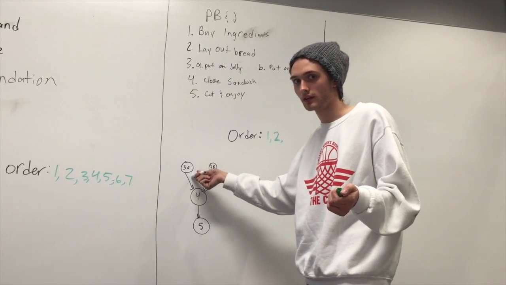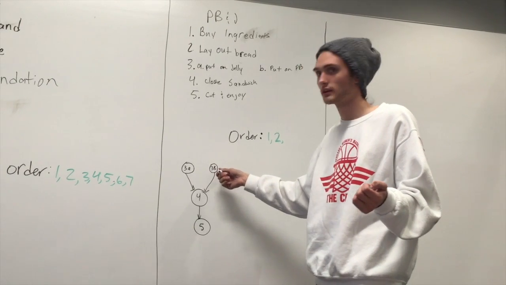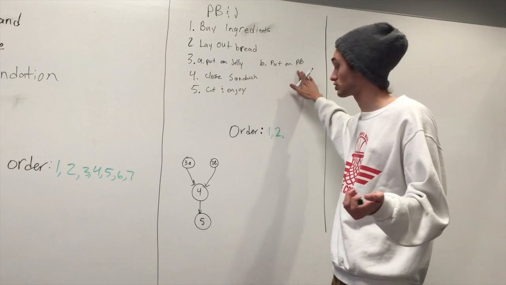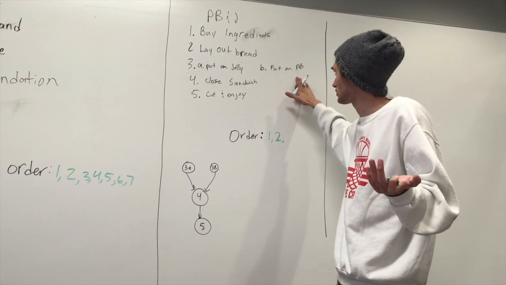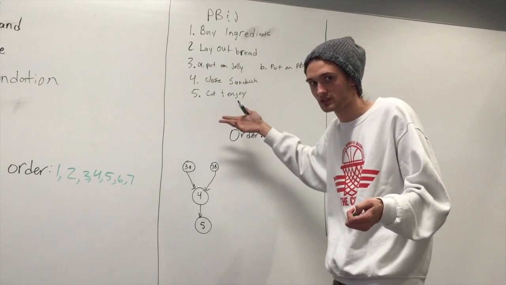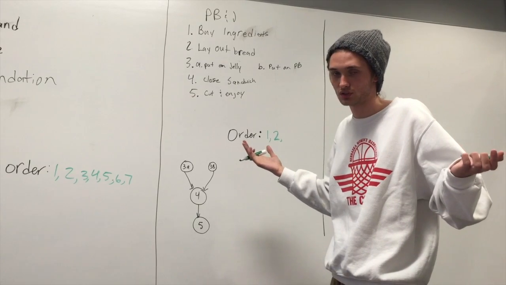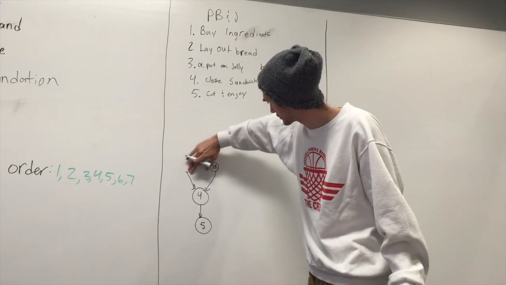Some may take the leftmost element, some may take the rightmost element. Some will take the one whose string starts with a letter closer to A, or closer to Z. There's just many different forms you can do. So for this one, let's just assume we're doing leftmost for situations like this.